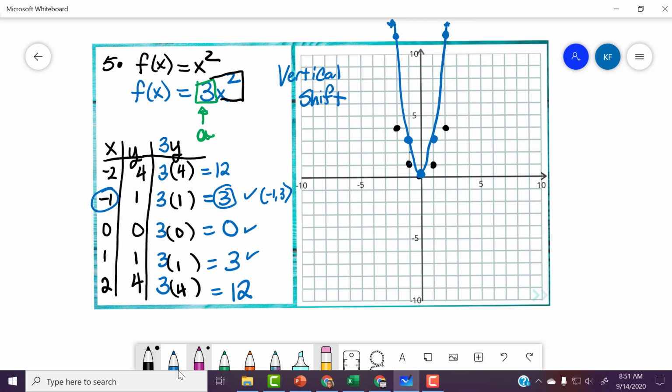It's controlled by the function in general right here. So that is the vertical shift. So this function is growing 3 times faster towards infinity.